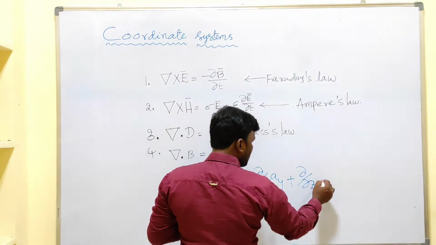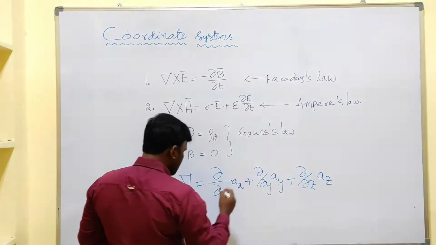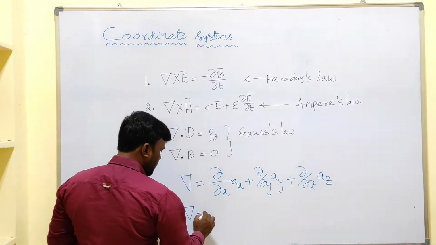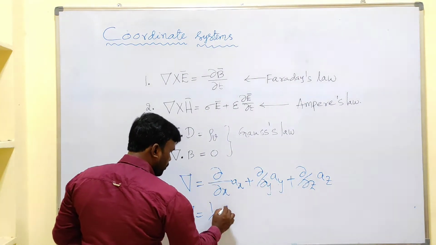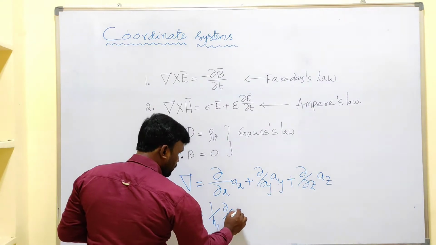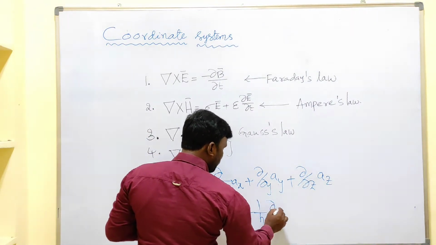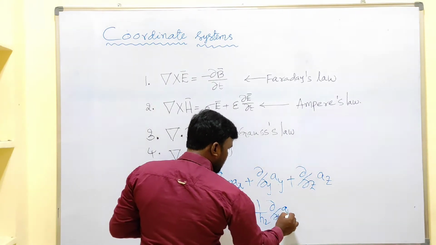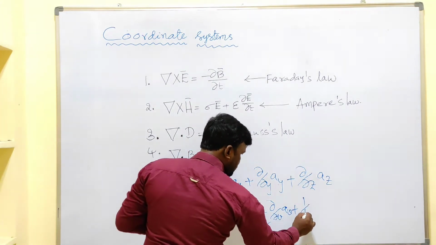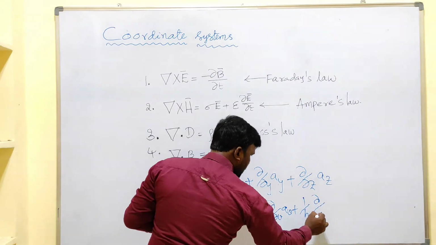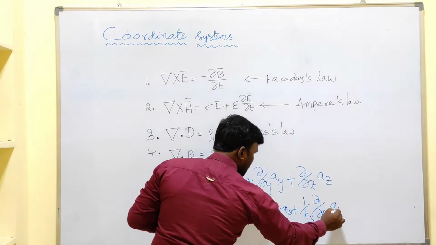Or in general, for any coordinate system, del can be written as 1 by h1 dou by dou u au, plus 1 by h2 dou by dou v av, plus 1 by h3 dou by dou w aw.